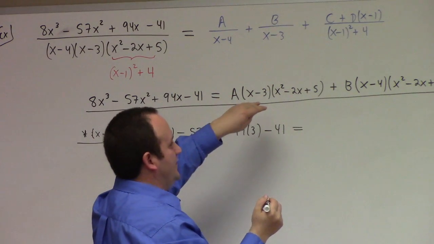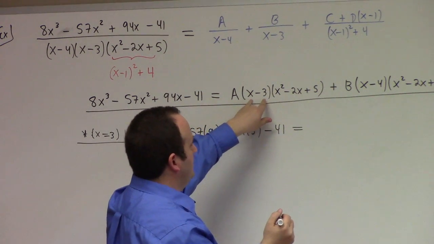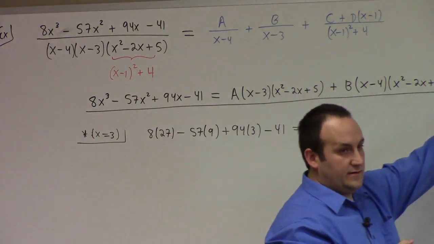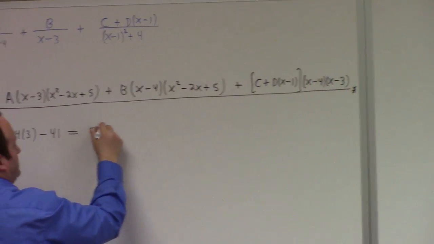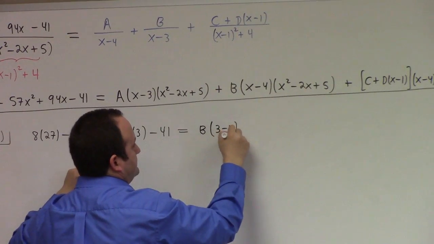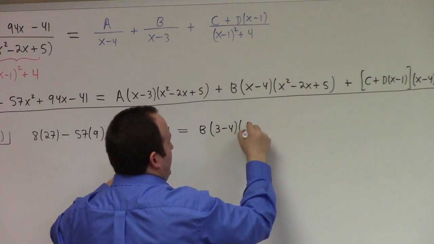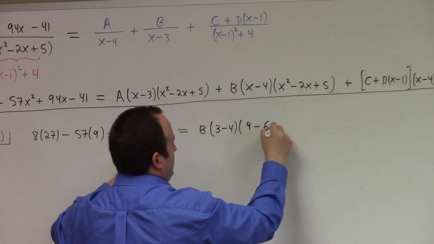What makes it nice is that that's gone, and that's gone. All we're left with is b times 3 minus 4 times 9 minus 6 plus 5.